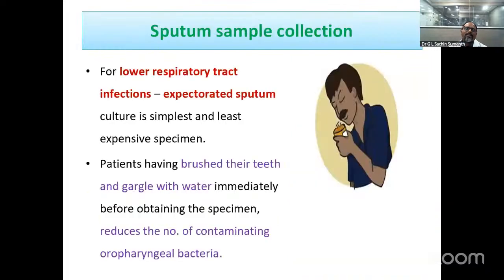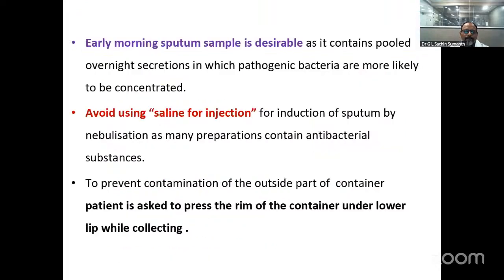For lower respiratory tract infections, expectorated sputum culture is the simplest and least expensive specimen. The patients are asked to brush their teeth and gargle with water immediately before obtaining the specimen, which will reduce the number of contaminating oropharyngeal bacteria. An early morning sample is very desirable because it contains the pooled overnight secretions in which pathogenic bacteria are more likely to be concentrated.